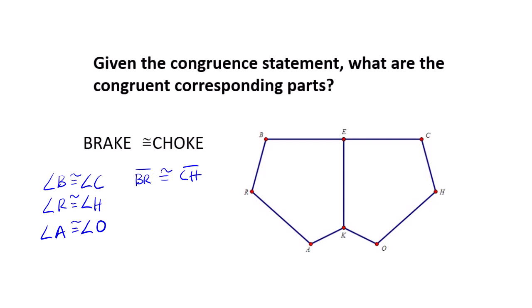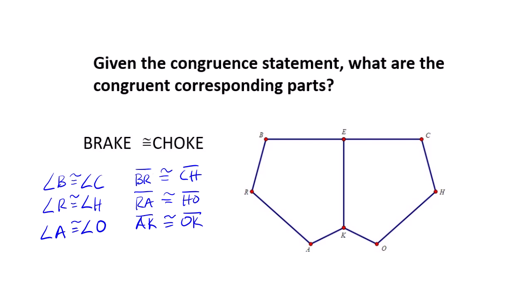All right, and then we could say RA, right here, is congruent with HO. So RA congruent with HO, and so forth and so on. So then AK is congruent with OK. All right, so I'll let you do the remaining two there.